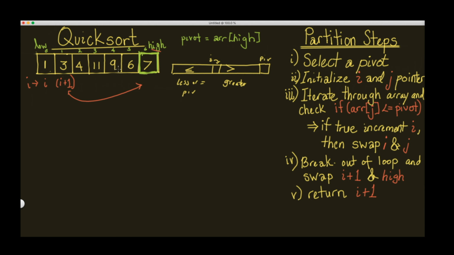And as you can see, it starts to look a little bit more sorted. We've basically bubbled all the small elements to the left and the larger elements are on the right. So now if you take a look at the 3, it's in its final sorted position. Everything to the left of it is less than it. Everything to the right of it is greater than it.